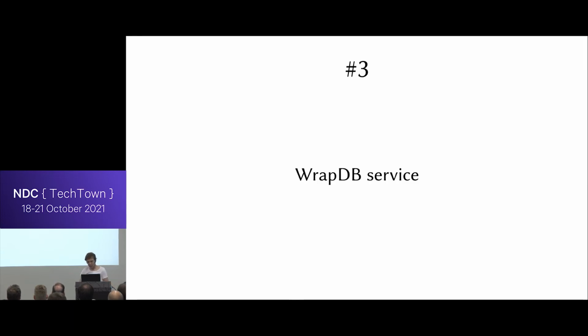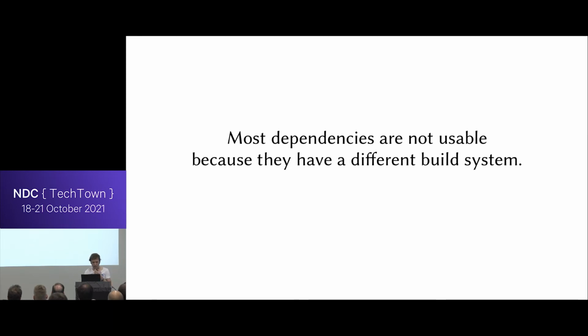And then we need thing number 3, which is the wrapdb. It's a web service for downloading dependencies. The problem this is solving is twofold. First of all, we have this existing Meson project and we want people to use that. But again, as I said earlier, most dependencies you can't use, because they have a different build system.